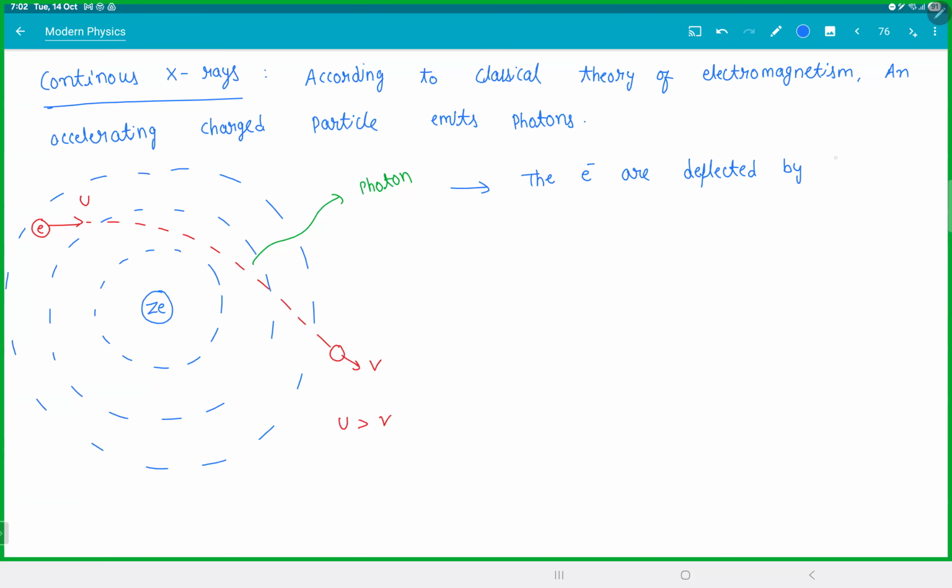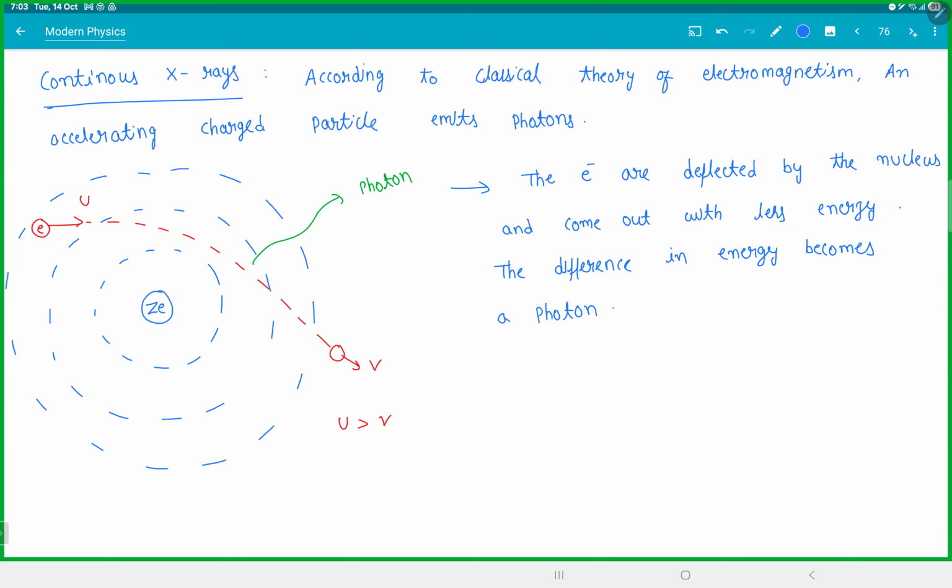The electrons are deflected by the nucleus and come out with less energy, because if you're deflecting, it means you accelerated or decelerated. Now here, the fastest moving electron.